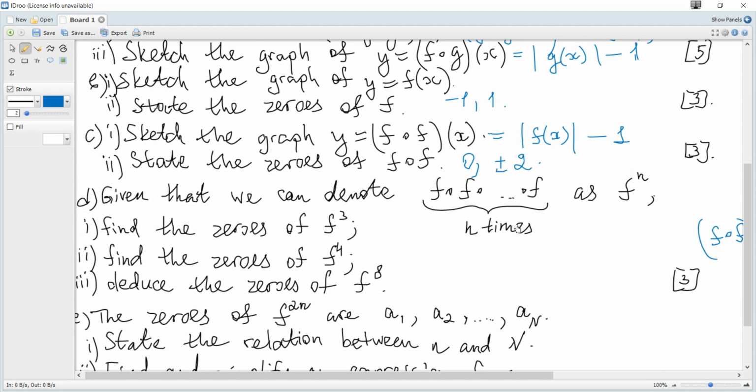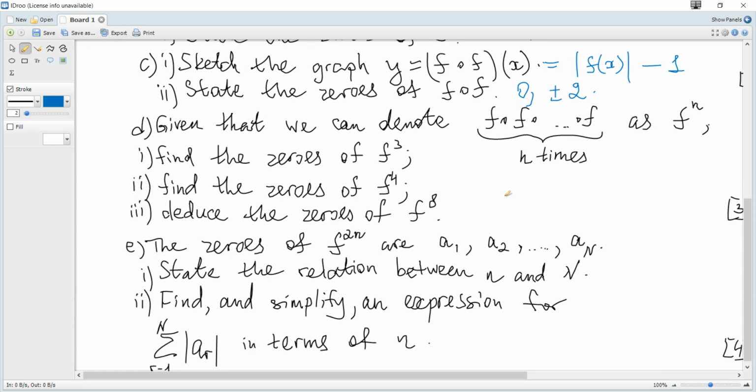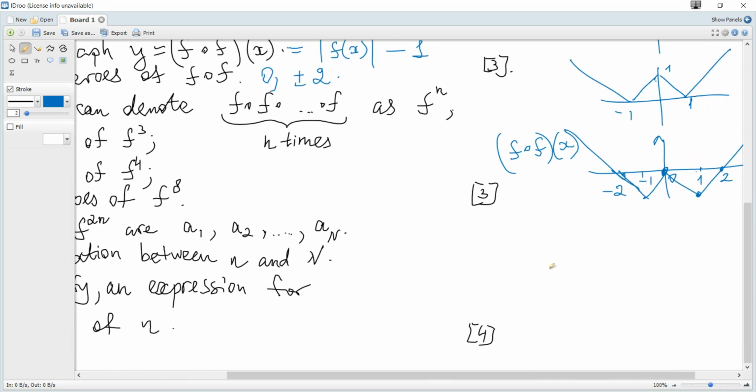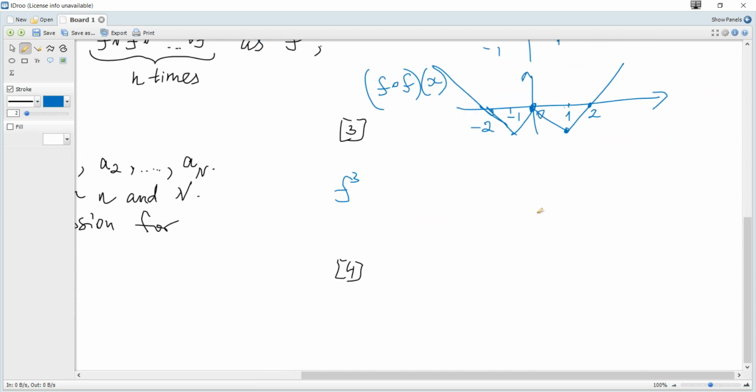Given that we can denote f of f and so on as f^n, find the zeros of f^3. If we consider f^3, it will be f of this f of f, and again it will be the absolute value of f of f, and then minus 1.